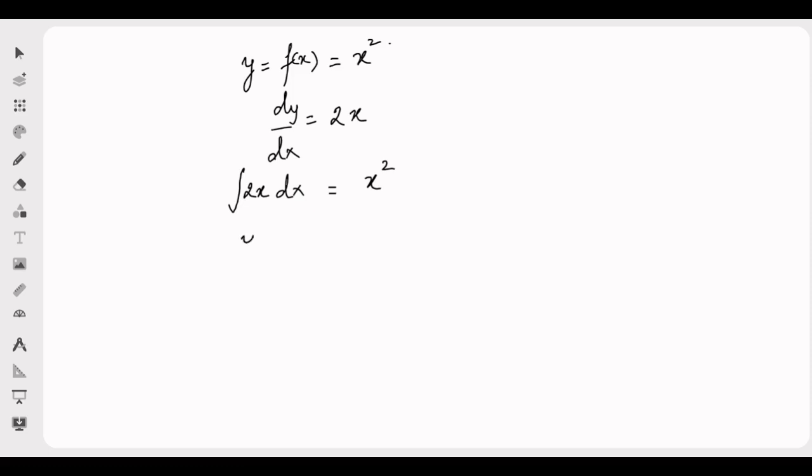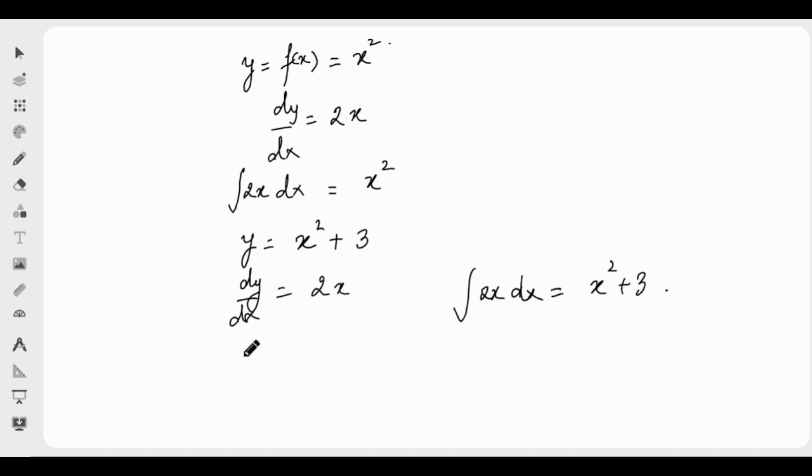If this function was y is equal to x square plus say 3, then the derivative of this function dy by dx is equal to 2x. And now if we are integrating this function 2x, then the function whose derivative is 2x will be written like this, x square plus 3.